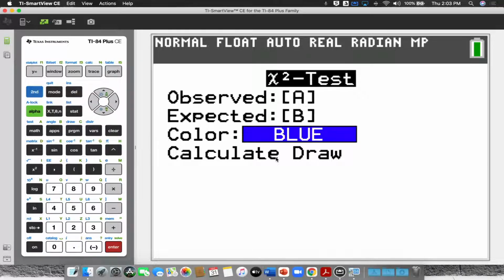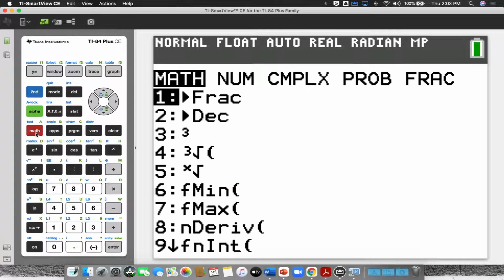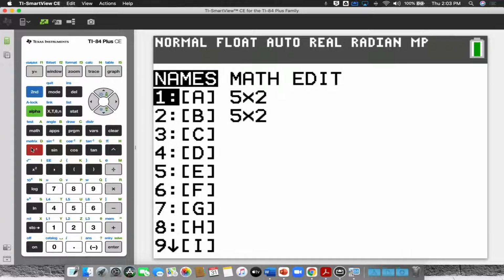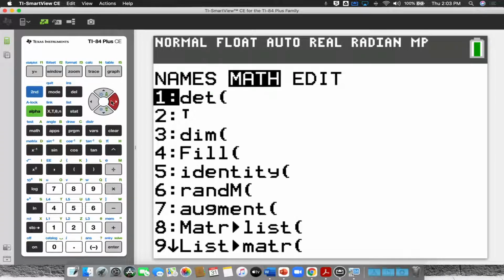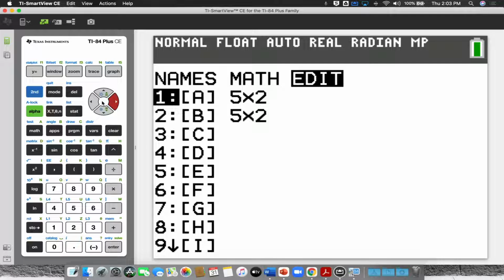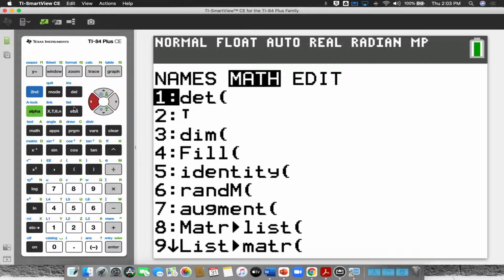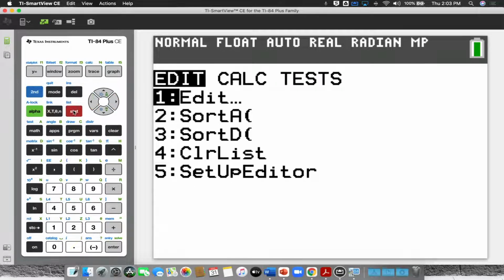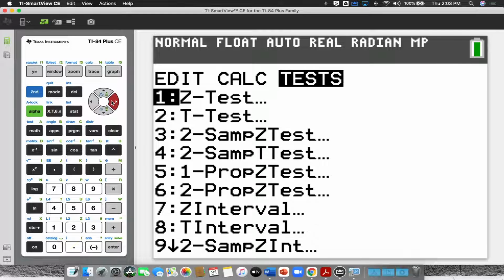Just change it to A. Yeah, if you just hit clear and then go second matrix, it should let you put it in. Oh, there you go. Yeah, you're right. Okay. I don't think I've ever changed mine. They've always been A and B. Okay, you got it? All right.